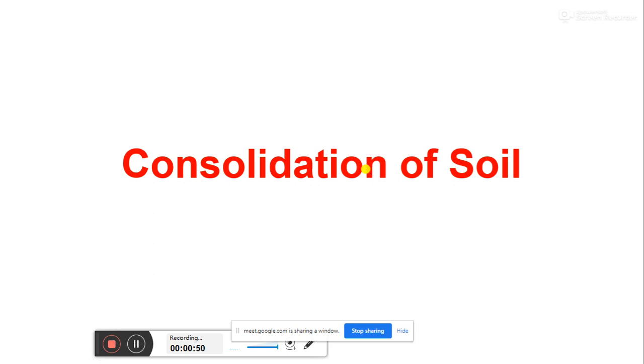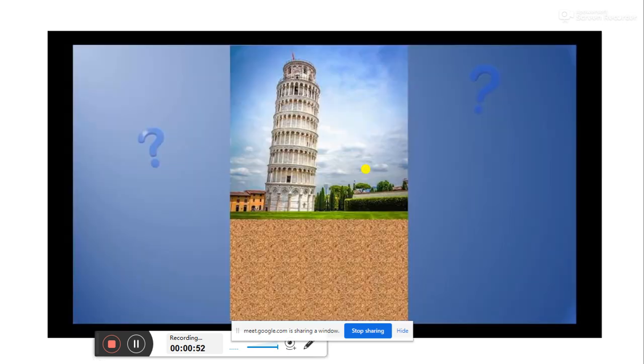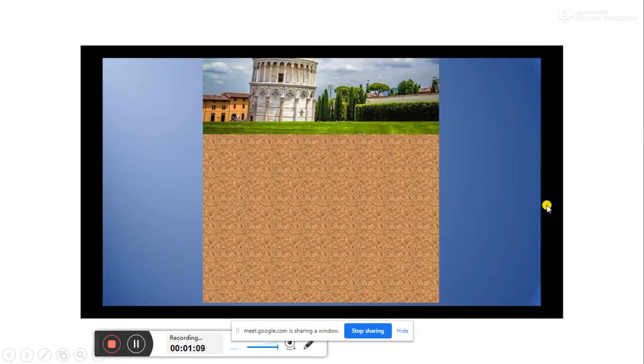Just observe. We all must have wondered about the Leaning Tower of Pisa, and you might normally think it was designed in such a way, but the real reason behind the phenomenon is below the ground.